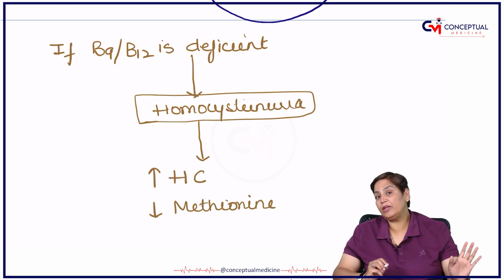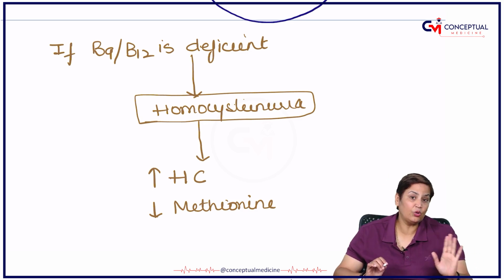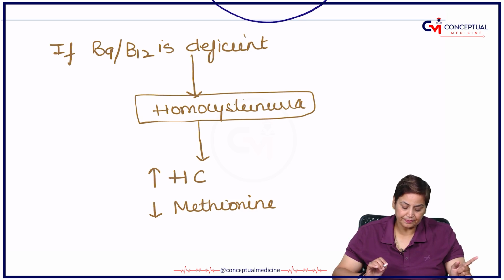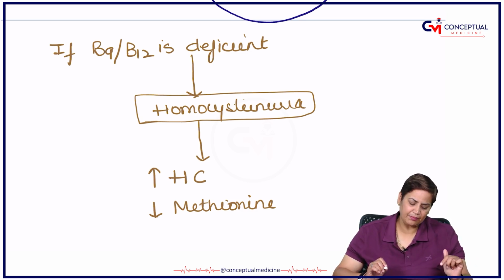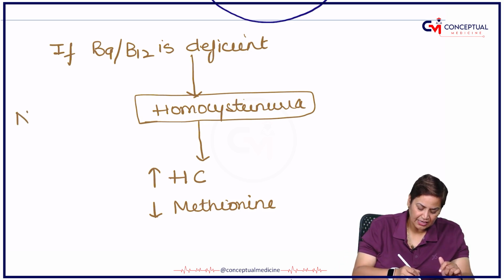But there is no effect on cysteine. Very, very important. In cysteine no effect will be there. Okay. So we can say that whether B9 is absent, whether B12 is absent, it will lead to homocystinuria, and this type of homocystinuria is known as non-classic homocystinuria.